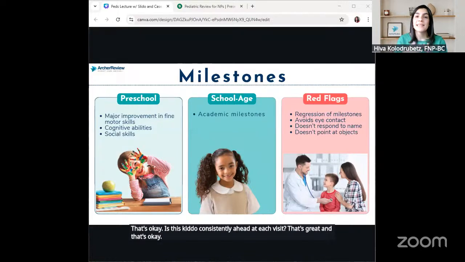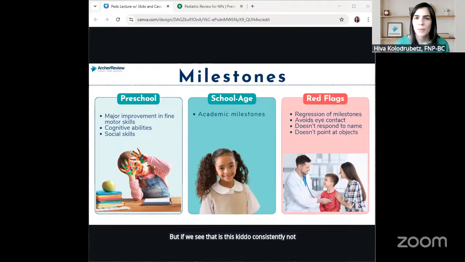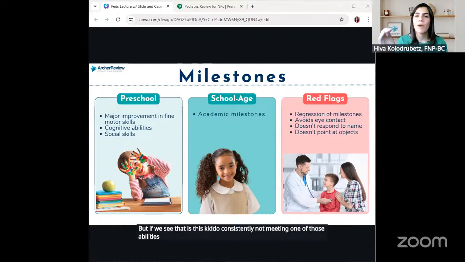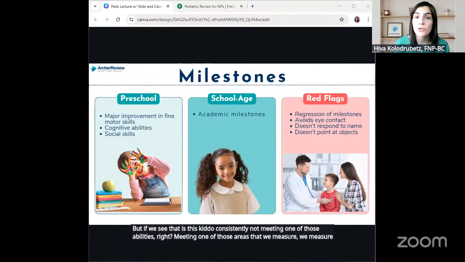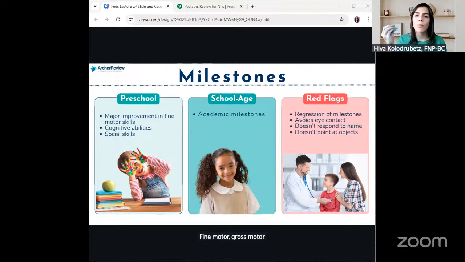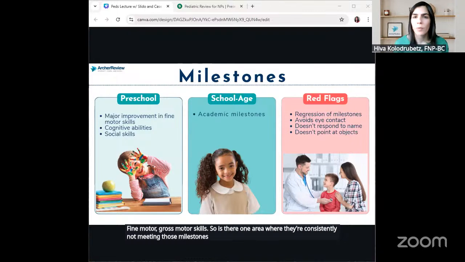But if we see this kiddo consistently not meeting one of those areas that we measure, cognitive ability, social, emotional, fine motor, gross motor skills, that should be a red flag. We want to intervene and figure out what's going on. How can we best support this child and help support their growth and development?